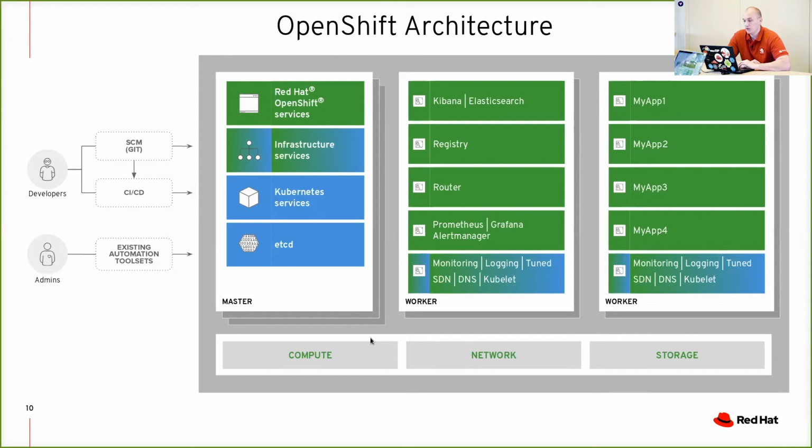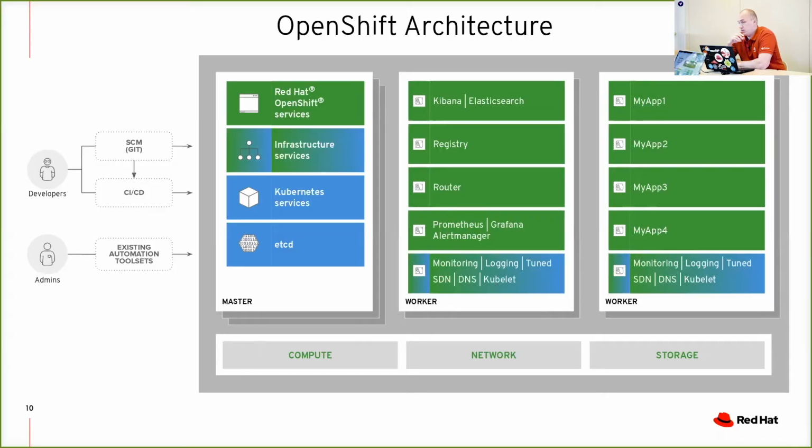Those servers need to be connected with one network, so all the nodes need to be able to communicate via TCP/IP. And also, optionally, if you deploy some stateful workloads, you will need some storage to be available for the cluster.